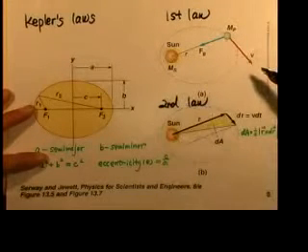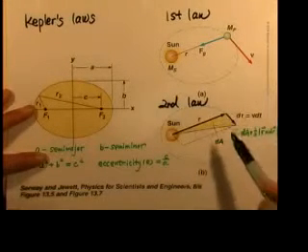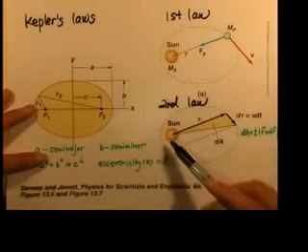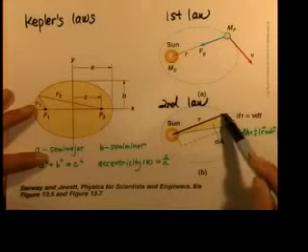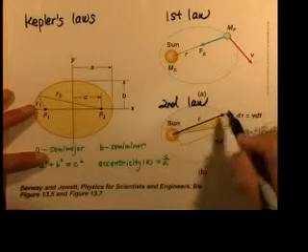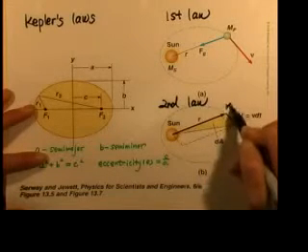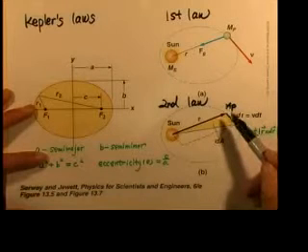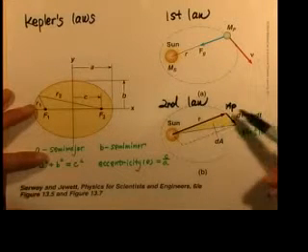Kepler's second law says the radius vector r drawn from the sun to a planet, which is right here, that's a planet of mass m_p, sweeps out equal areas.